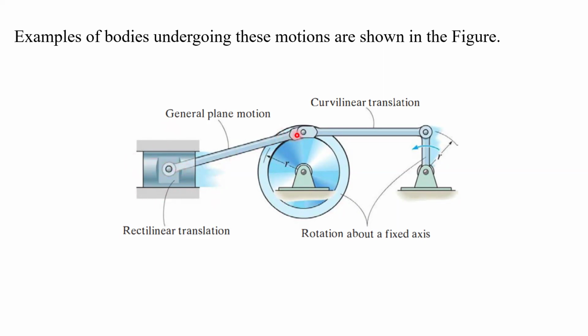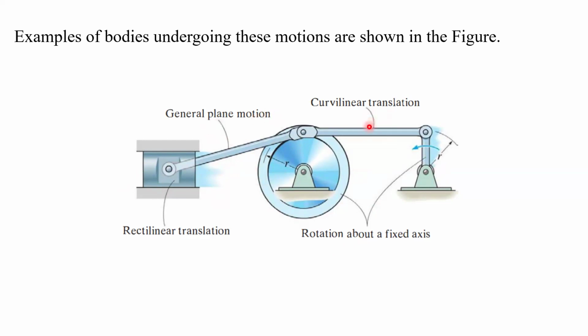Then at this point, this disc is rotating, while this arm too is rotating about the fixed axis. But this connecting rod at this point is rotating, and at this other end, it is going in the X direction. So it's observing what we call general plane motion.